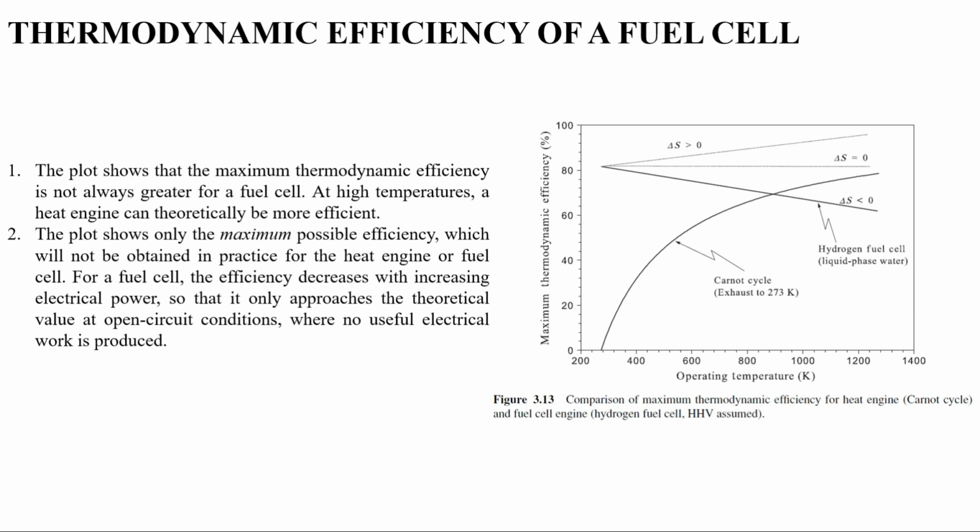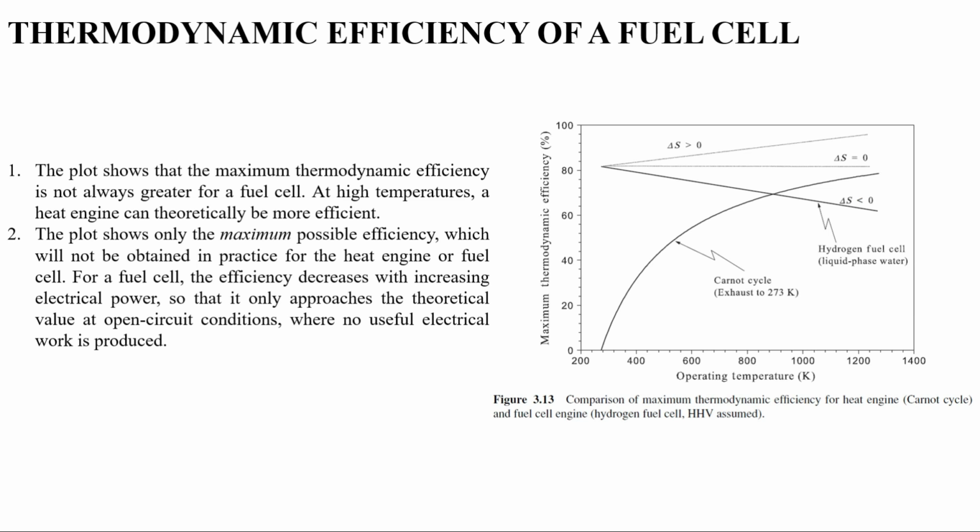This graph is basically related to the ideal efficiency, and we know that ideal efficiency will not be achieved, because we have considered a totally reversible process while our real systems are irreversible. There are some irreversibilities left during a process. So this comparison is entirely based on the ideal efficiency. We have considered a totally reversible process for the fuel cell and heat engine.